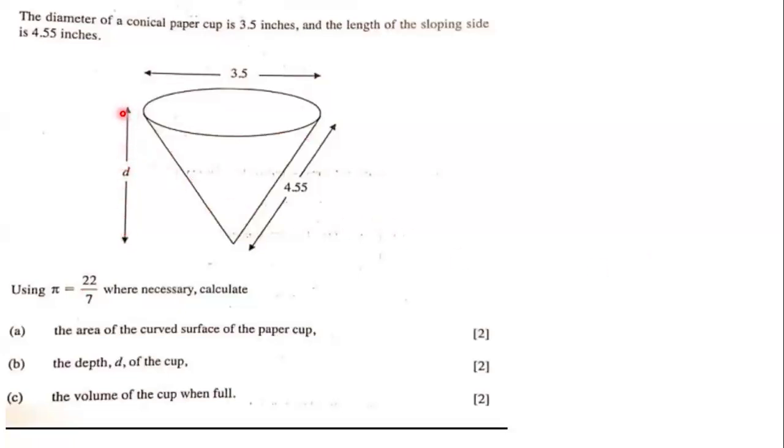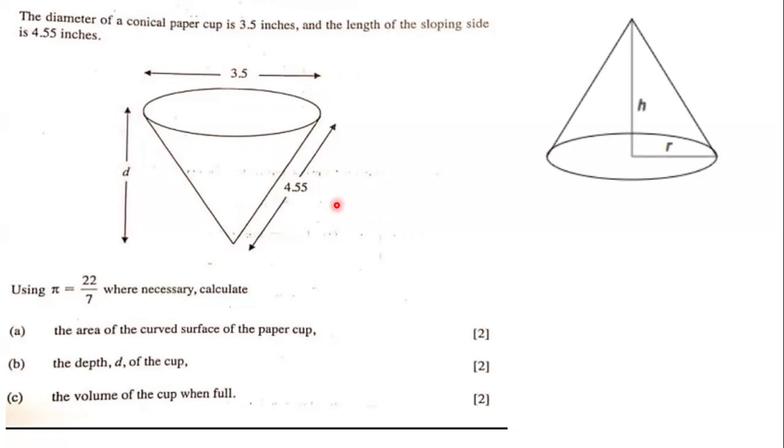Next, we need to determine the depth of the cup, D. So what is D? The depth of the cup. Let's look at this first image. This is H, and this is R. If you notice carefully, this is actually a right angle triangle. In order for us to figure out the height, we can use properties of a right angle triangle.